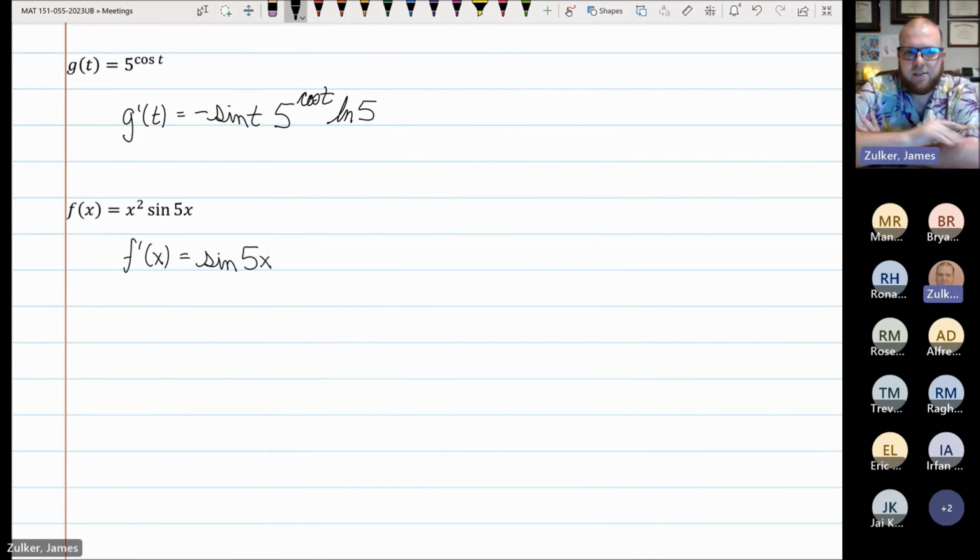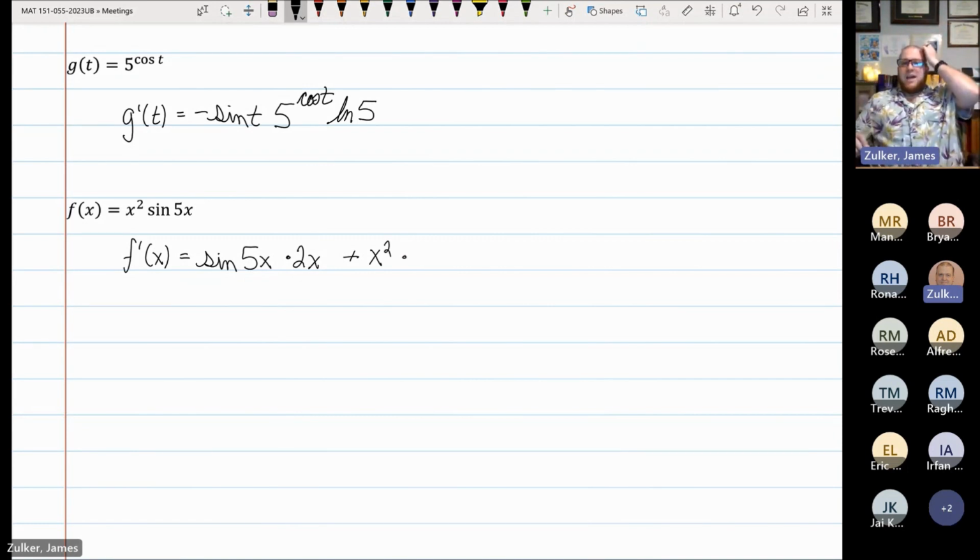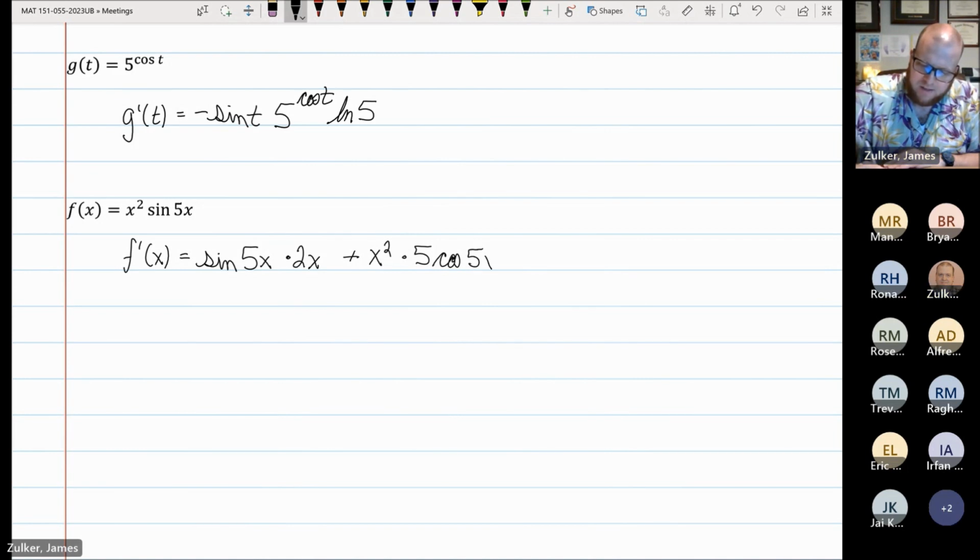G of x times the derivative of f of x, plus f of x times the derivative of g, right? Derivative of sine: u prime times cosine of u.